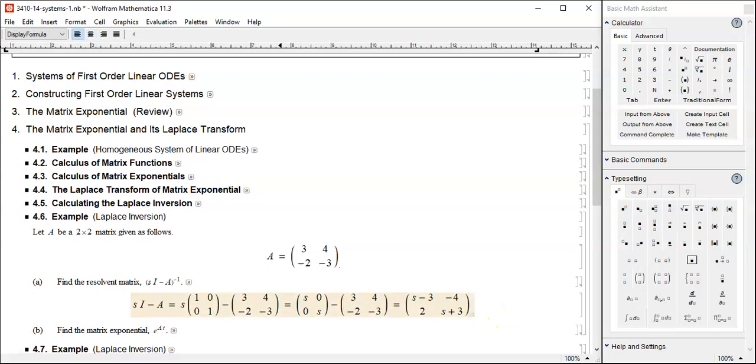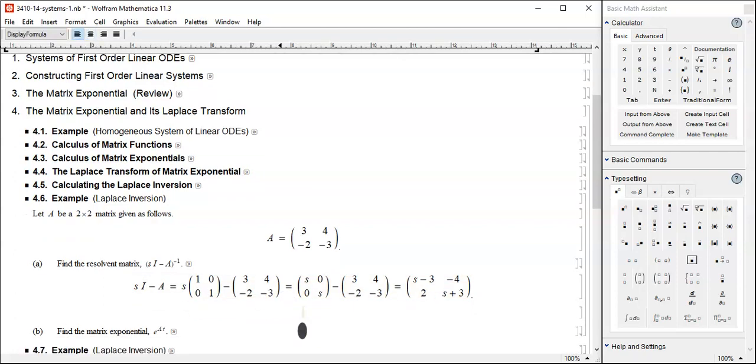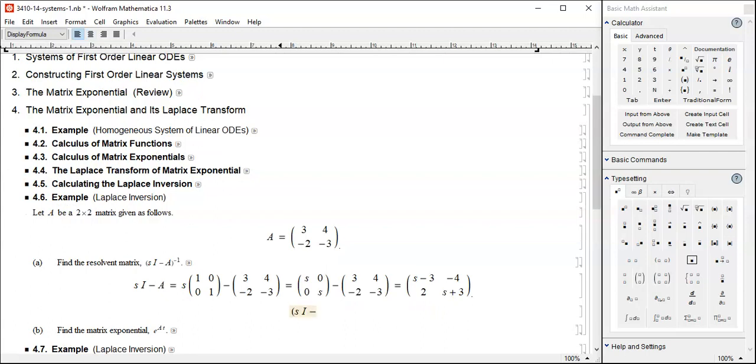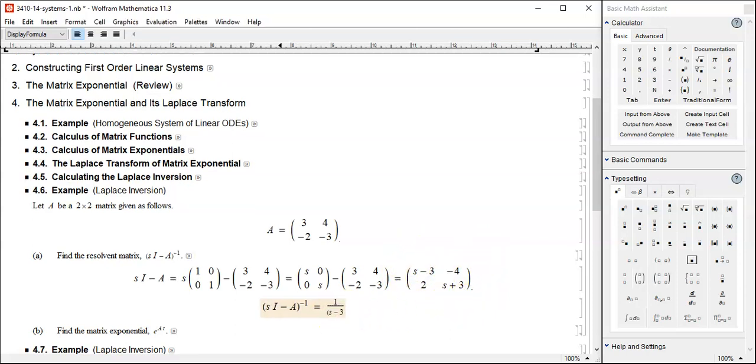This is what we get. We want to find out the resolvent matrix. Okay, here we go. (sI minus A) inverse is 1 over, let's use the inverse matrix formula for 2 by 2, ad minus bc. So we need (s minus 3)(s plus 3), minus this one, minus minus plus, so I'm going to get plus 8 here.